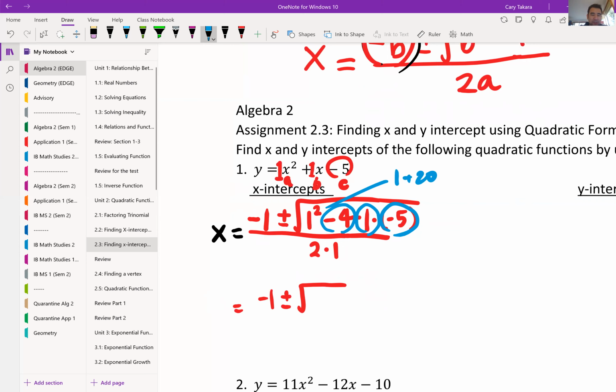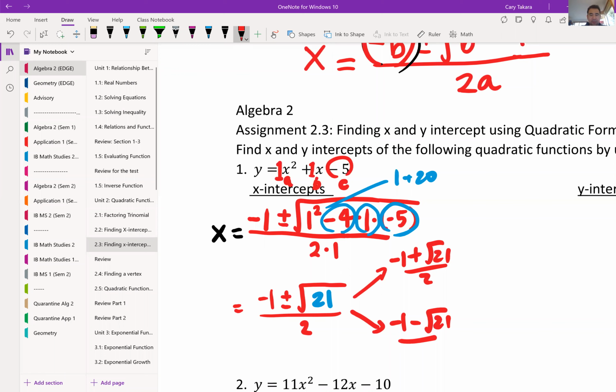So that's the square root of 21 over 2. And the first x-intercept is going to be negative 1 plus square root of 21 over 2. The other x-intercept is going to be negative 1 minus square root of 21 over 2.